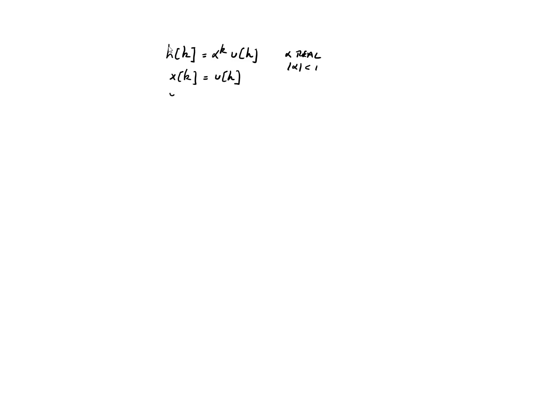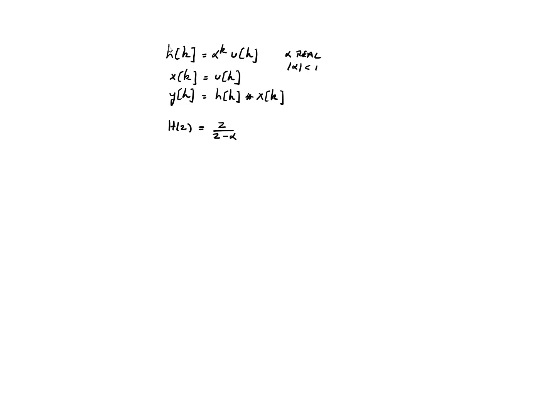What we could do is compute y of k by considering the convolution sum h of k convolved with x of k. This is going to be quite a computation. So what we could do is go to the z domain and obtain the transfer function of the system, and this will be z over z minus alpha.